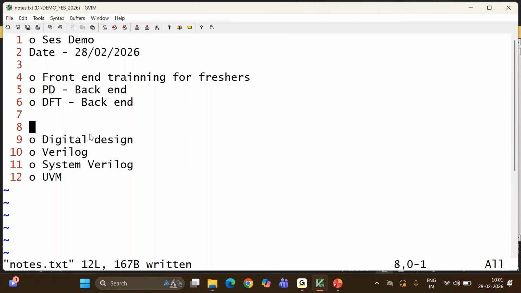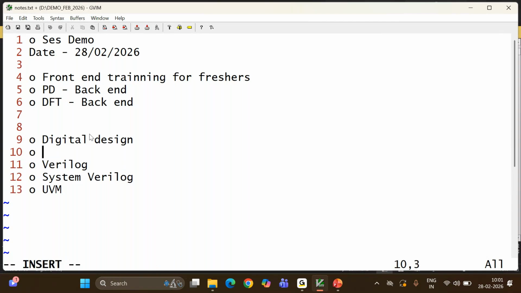I have not explained anything yet. What I just told was in the front end demo session. In the front end training, we'll be discussing digital design, Verilog, SystemVerilog, and UVM. Along with this, we'll discuss one important editor used in every industry in Linux, that is GVIM.